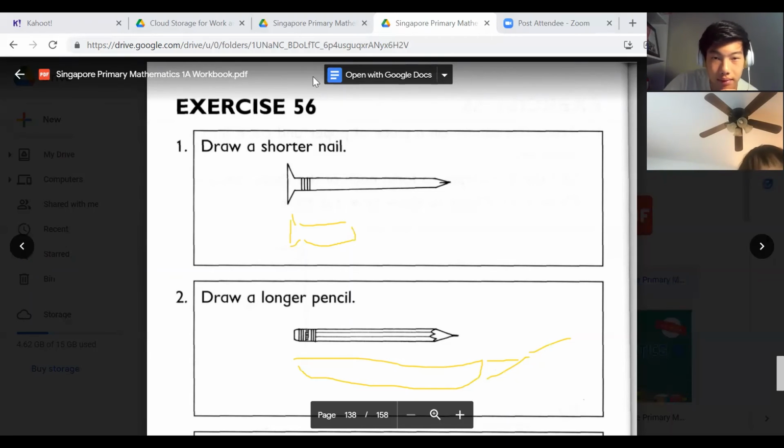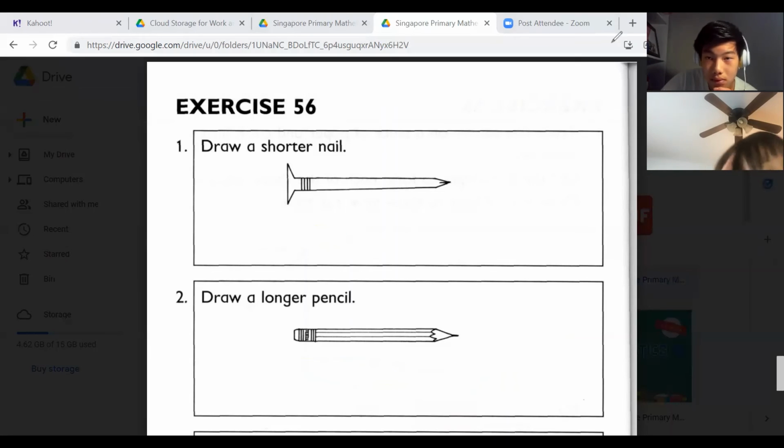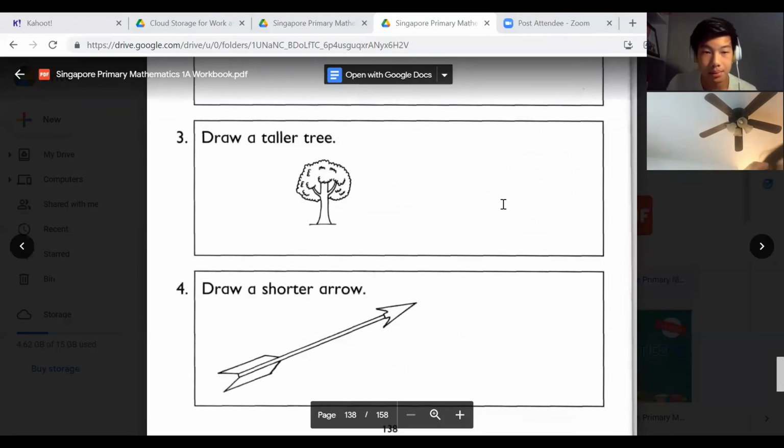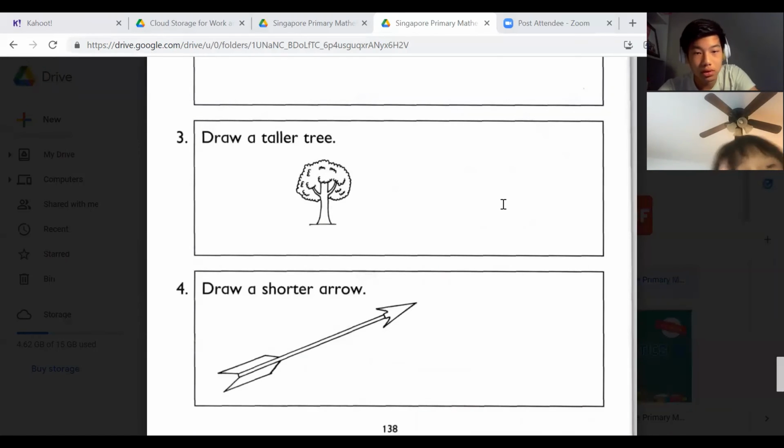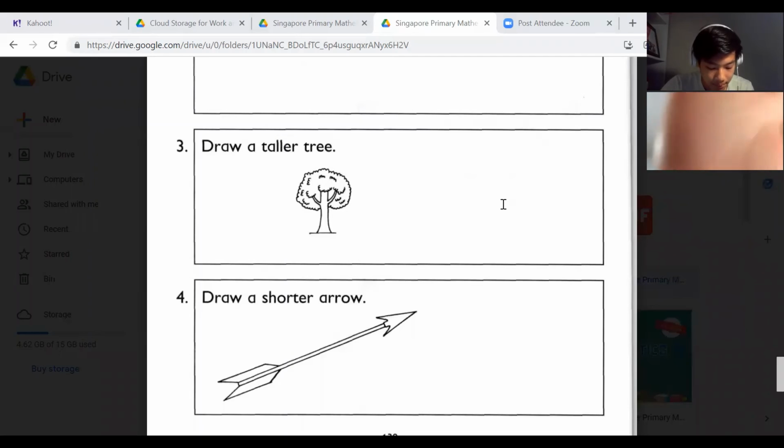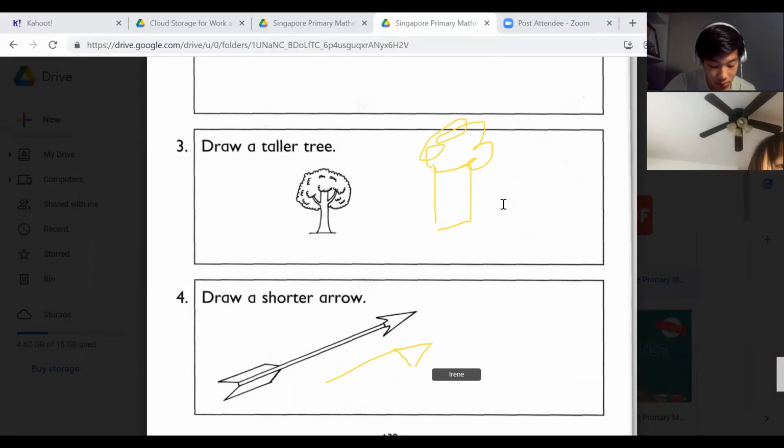Perfect. Okay. Now draw a taller tree and a shorter arrow. Done. Nice job.